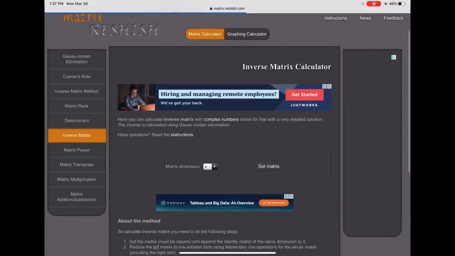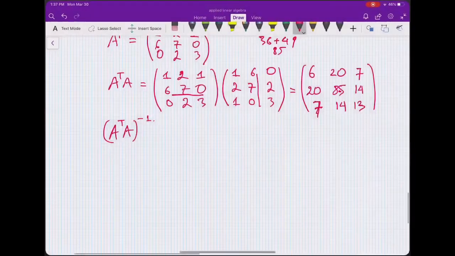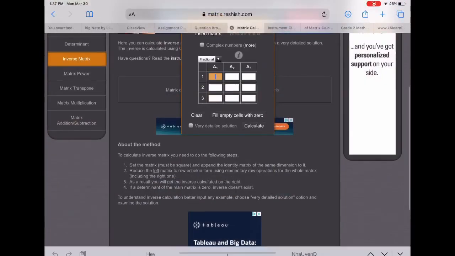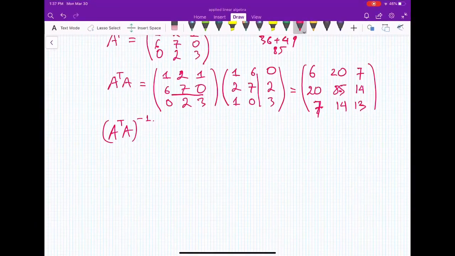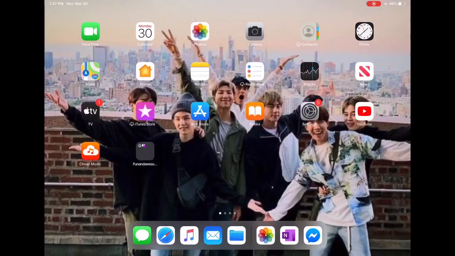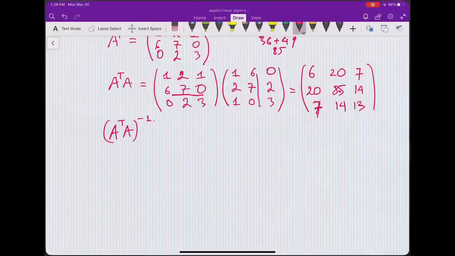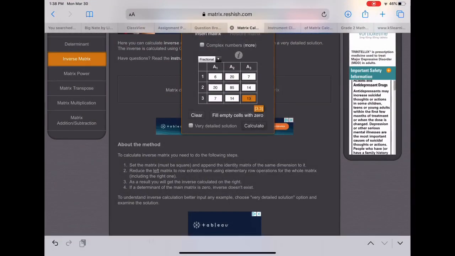Matrix dimension 3 by 3. Set a matrix. Okay, our matrix is 6, 2, 7 in the first row. I have 7 right here. I have 20 right here. And then what is the next? 85, 14. So I have 14 in here. And then another one is 3, 13. All right. So let's calculate this.